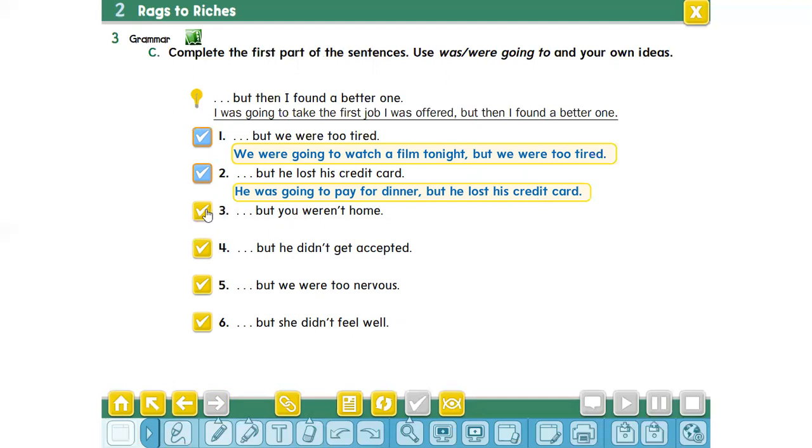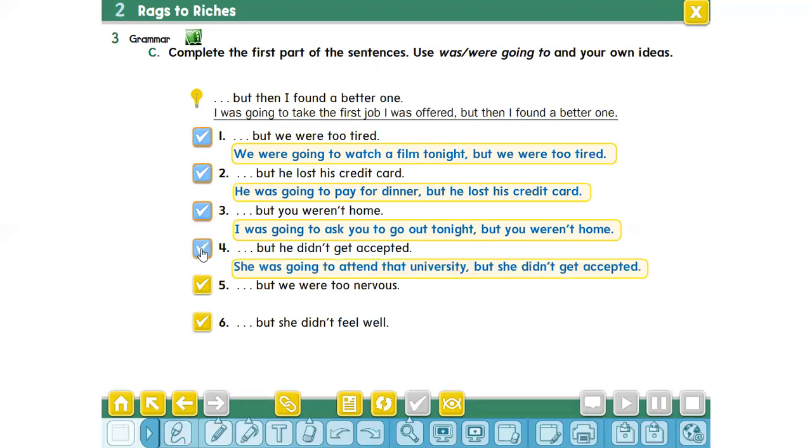Number 3, I was going to ask you to go out tonight, but you weren't at home. I was going to plus base form. Number 4, she was going to attend that university, but she didn't get accepted.